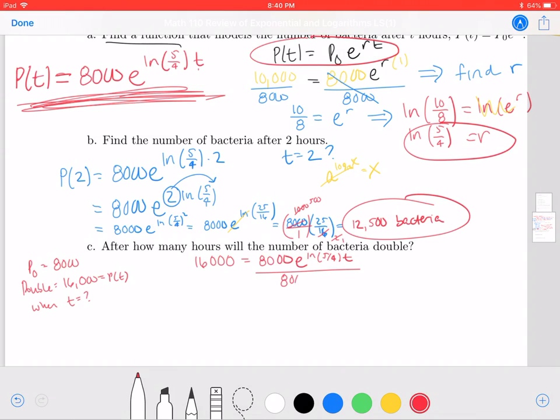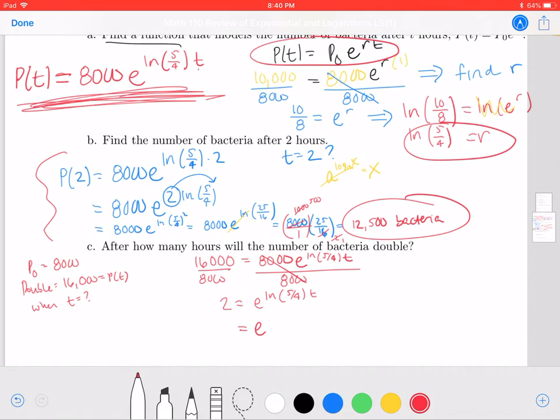First thing I'm going to do is get that e term by itself. I'm going to divide both sides by 8,000. So I get 2 is equal to e to the natural log of 5/4 times t. Remember that little bit of work we did in part B where I had to manipulate that exponent? I'm going to do that here too.